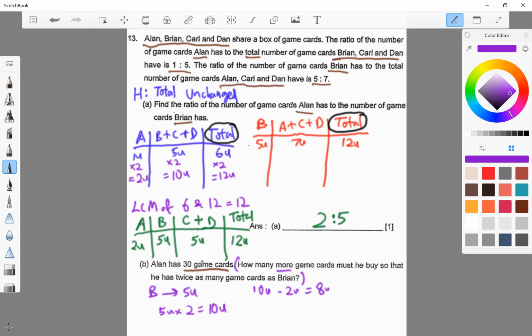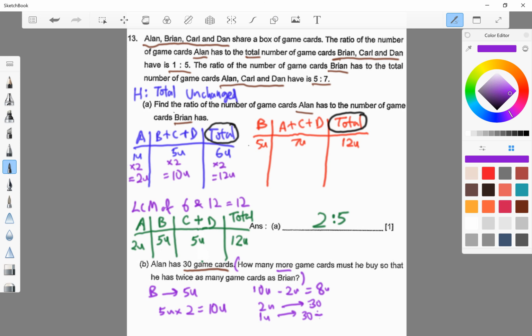Alan currently has 2 units, and his 2 units is the same as 30 game cards. So 1 unit has got to be 30 divided by 2, and that is 15. It's very simple.